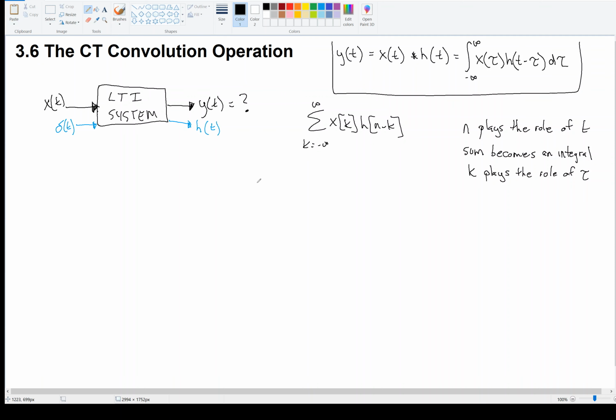I'll just make one more comment. Our strategy of flipping h and plotting it versus k. So we flipped h of k, and then flipping and shifting, right?